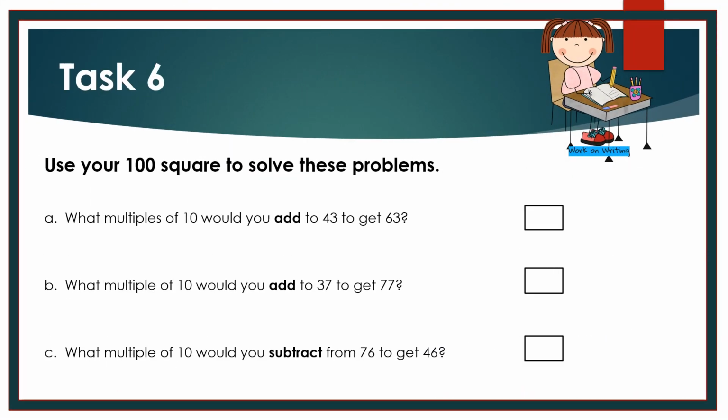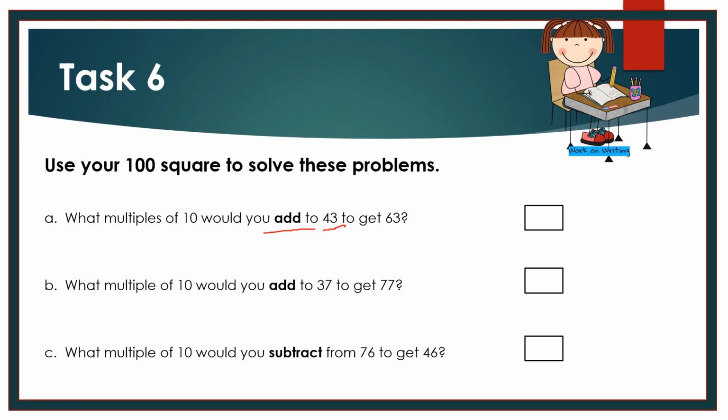Now we are on task 6. Use your 100 square to solve these problems. The first question is, what multiple of 10 would you add to 43 to get 63? I repeat, what multiple of 10 would you add to 43 to get 63? Go on your 100 square table, go to 43. Whenever it is an addition, you will count on.